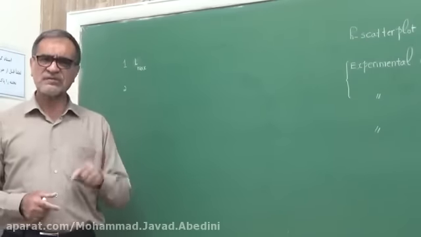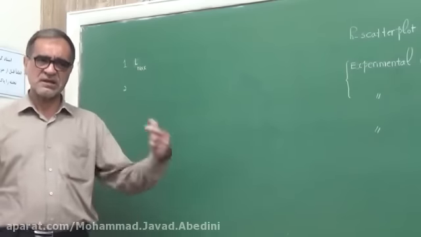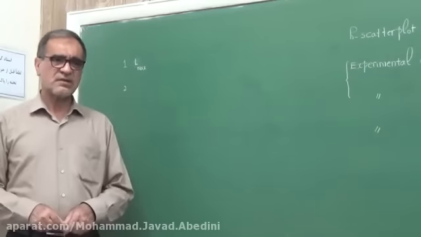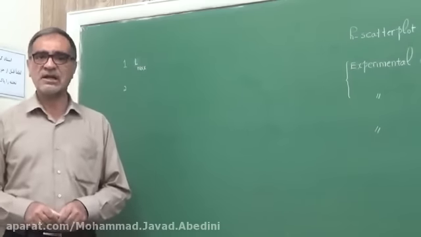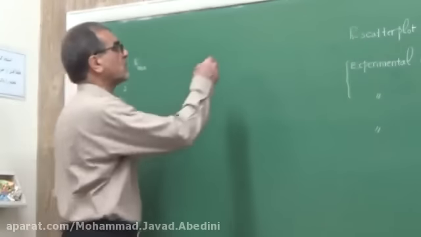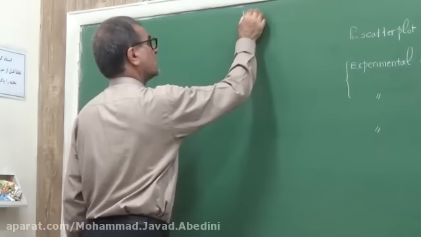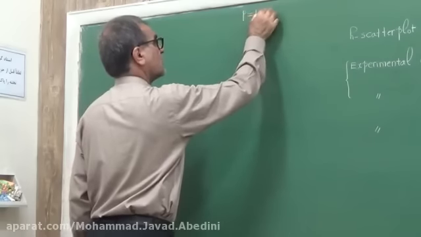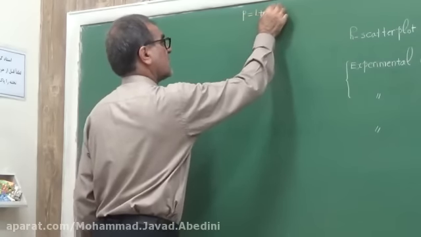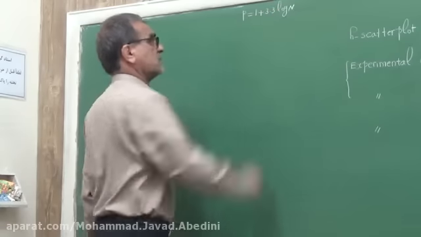And you are familiar from statistics that if you want to discretize the range, you have an empirical relationship. What is that empirical relationship? The number of class interval P is equal to 1 plus 3.3 times log of number of data.